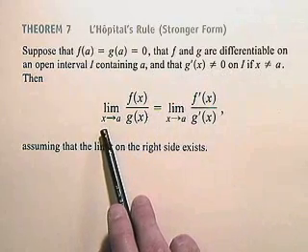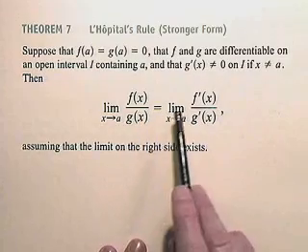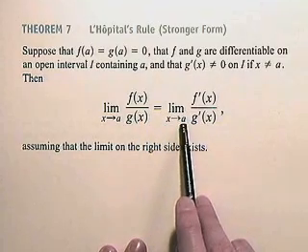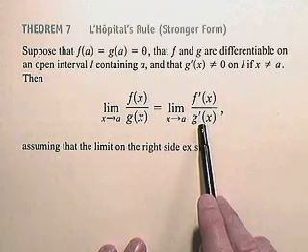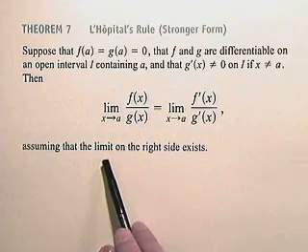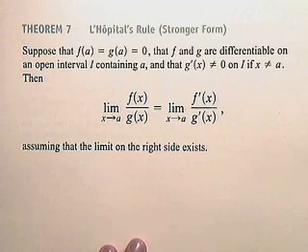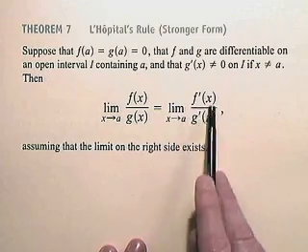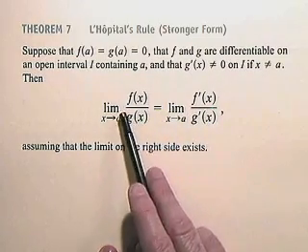Then the limit as x approaches a of f of x divided by g of x is equal to the limit as x approaches a of f prime of x divided by g prime of x, assuming that the limit on the right side exists. That is, keep in mind, if this limit exists, in particular, then this limit exists.